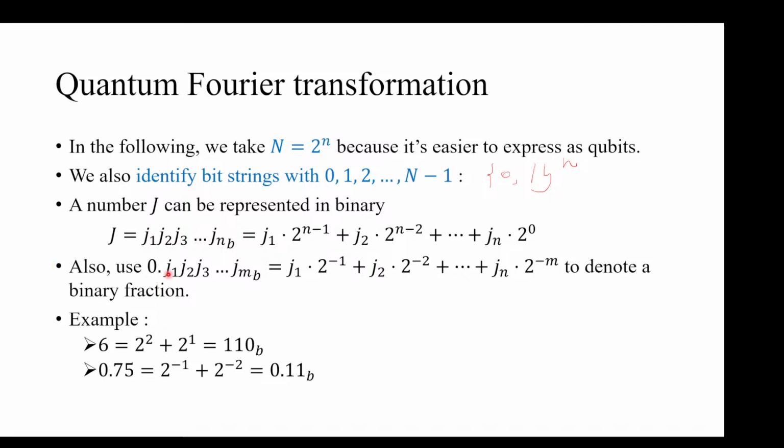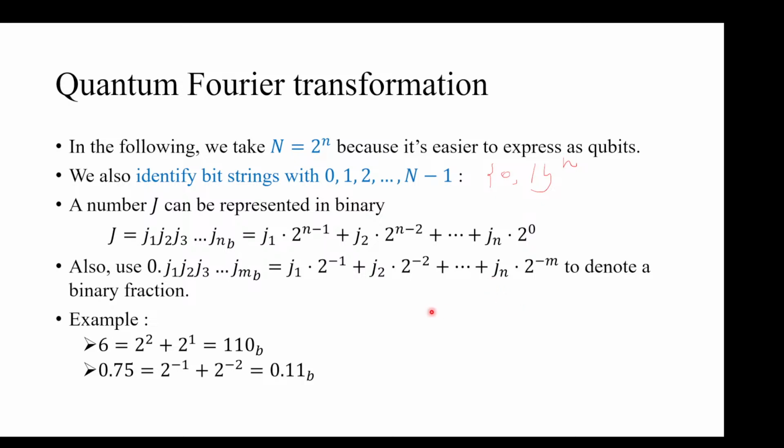So we will write 0.j1 j2 j3 to jn in binary, and this means a fraction. So this is just a binary notation for a fraction. It's j1 times 2 to the minus 1 plus j2 times 2 to the minus 2, all the way to jn.